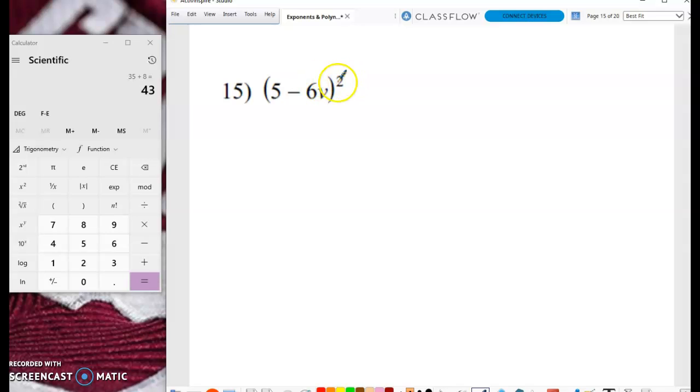15, this is 5 minus 6v, squared. So it does not work to just distribute the square. This is the same as 5 minus 6v times 5 minus 6v. Sorry, those parentheses were a little weird. So I have to treat this the same. Distribute the 5.